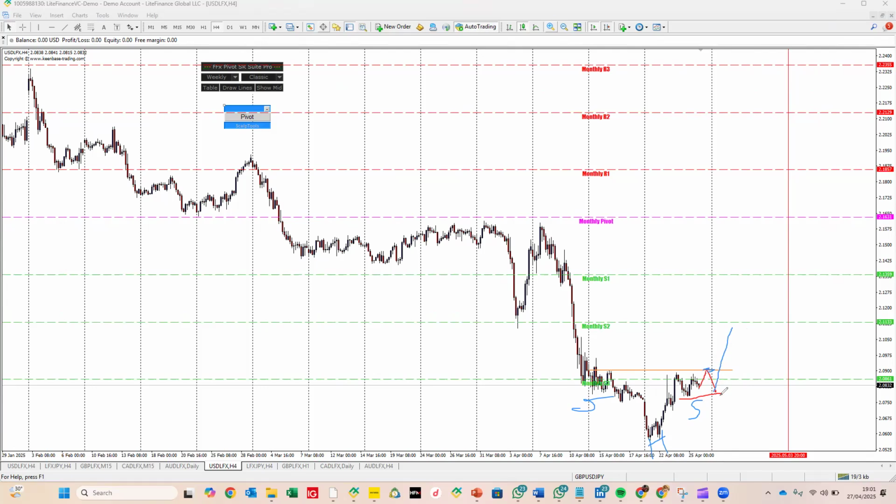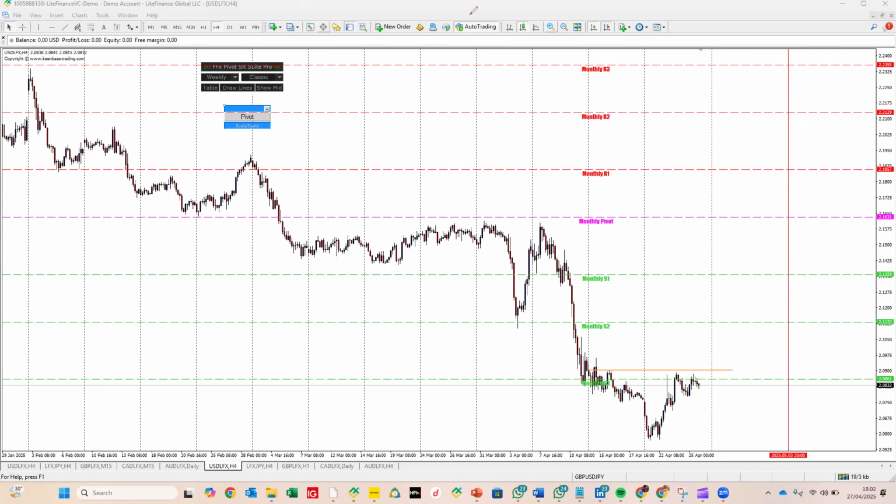If it doesn't break and comes down, then you are most likely not even supposed to be looking for a buy setup. Let price get back to this place and watch how price reacts. If price gets there and then it rejects, then it means that it's most likely not going to be breaking it yet. So what that means is that we are still going to be going down. And that formation is what I'm going to be showing you right now.